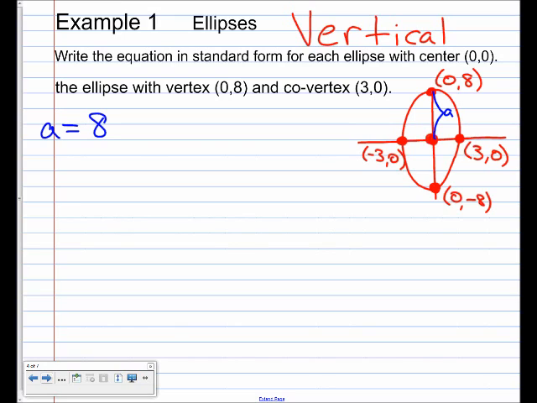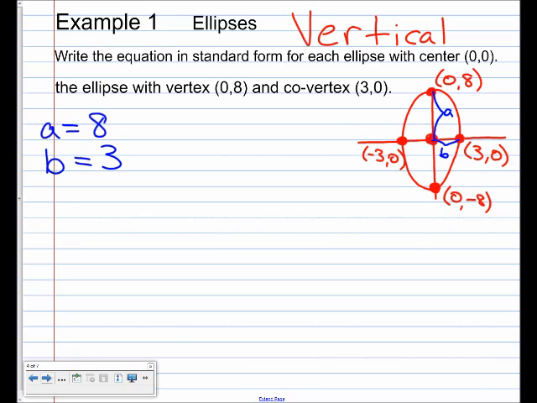A is 8. I'll repeat that again. The distance from the center to either vertex is A. And then what do you think B is? The center to a co-vertex. So in this case, that's B. And B is going to be 3.